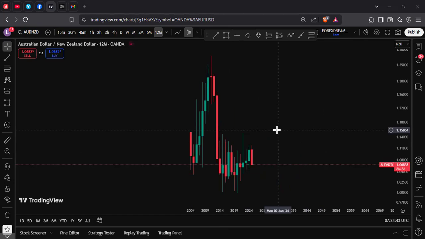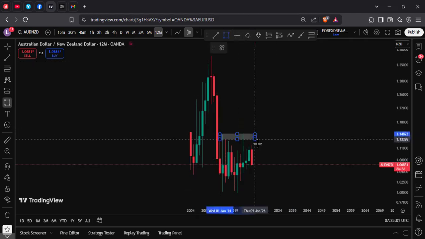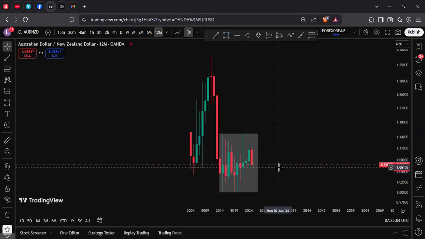So here we have a long-term analysis on Australian dollar versus the New Zealand dollar. The market was going down for almost 6 months. You can see here the market is somehow consolidating, but this is 12 months.